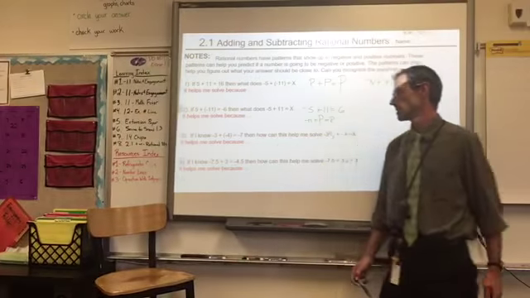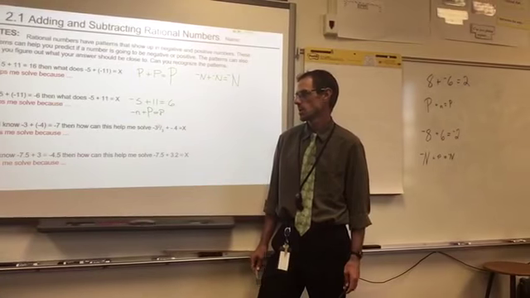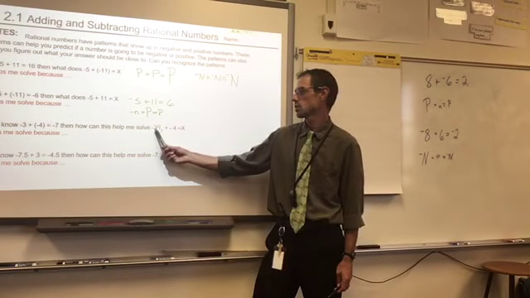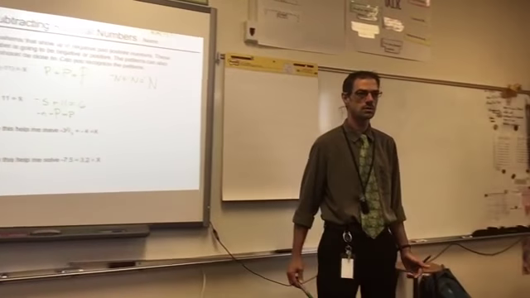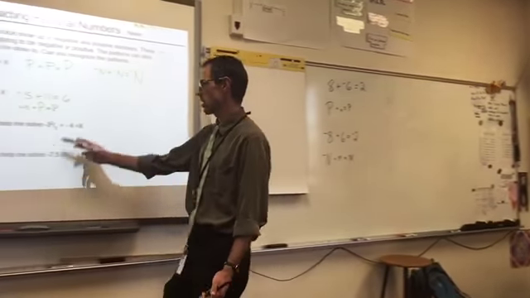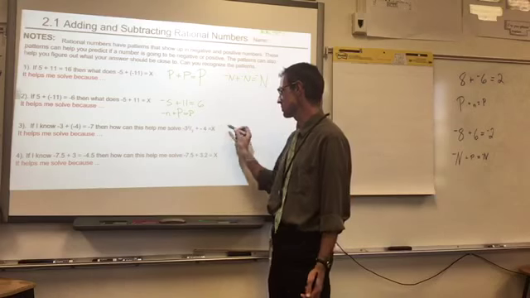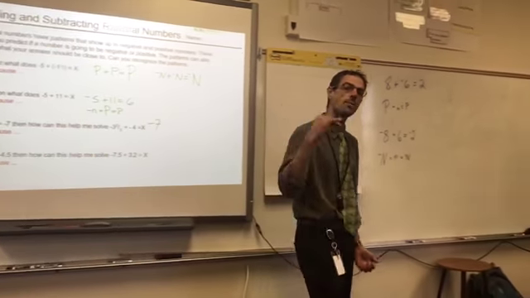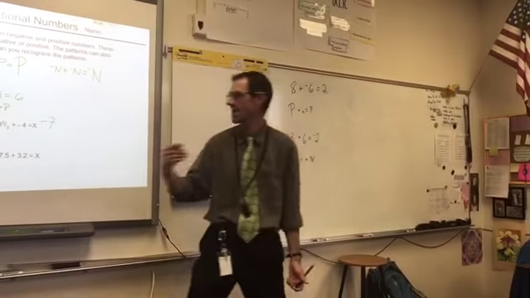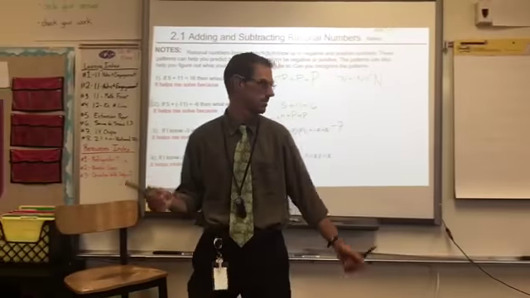Could I just add the integer part of this? Yeah. I could go negative 3 plus negative 4 equals negative 7. But the problem is this is not just integers, right? We have a rational number here.